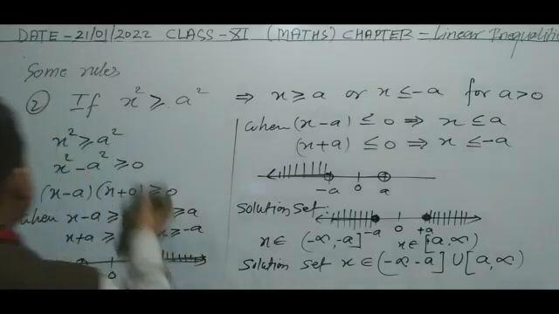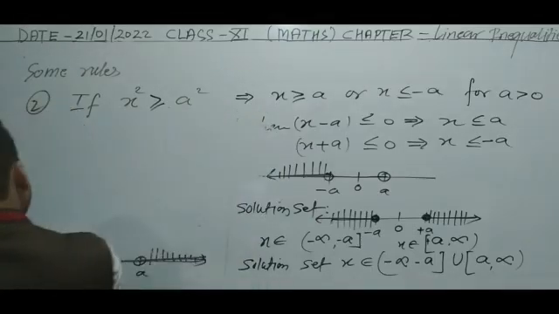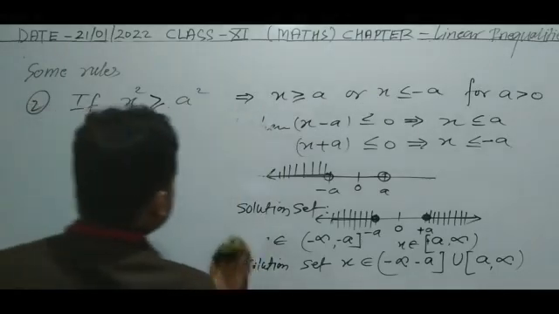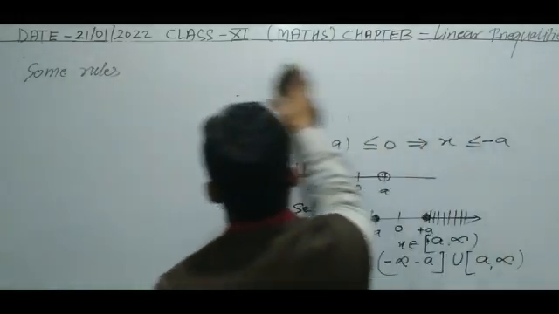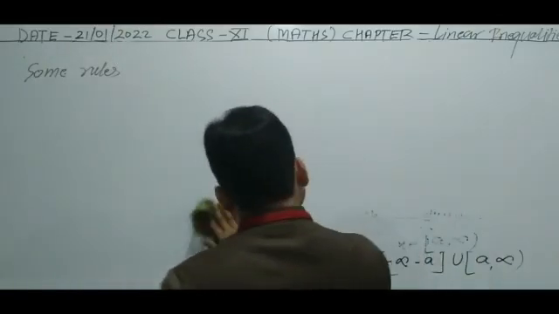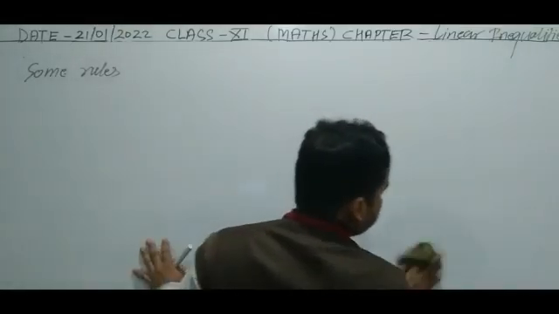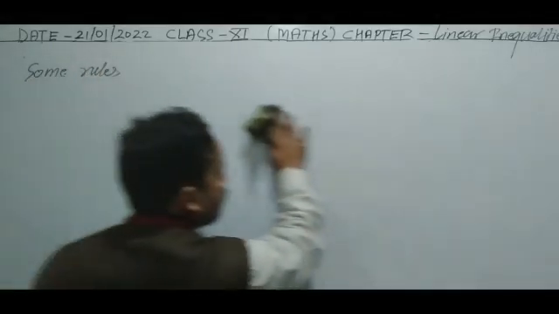Now the third proof is: mod of x is less than a.